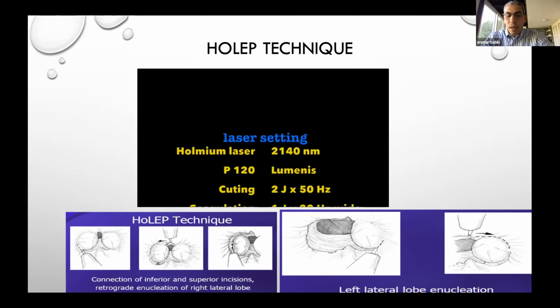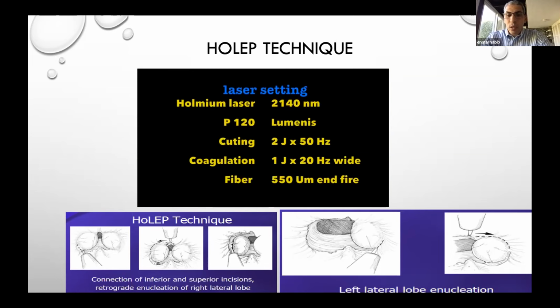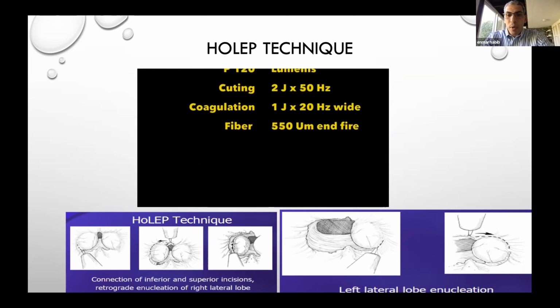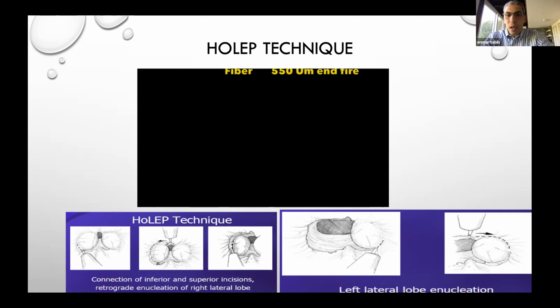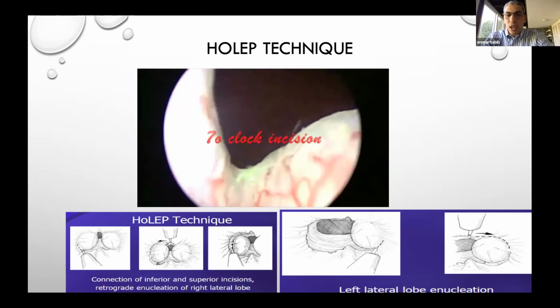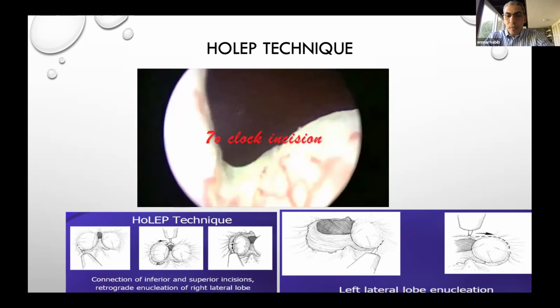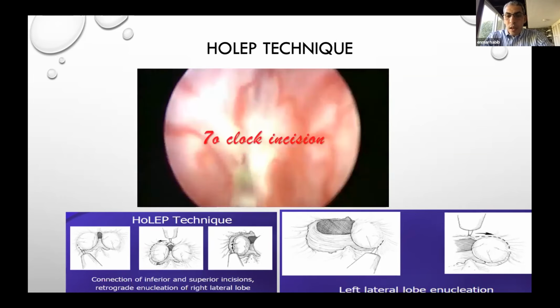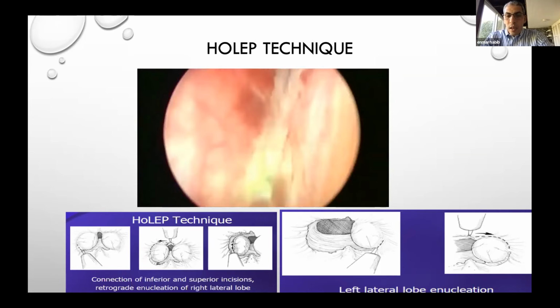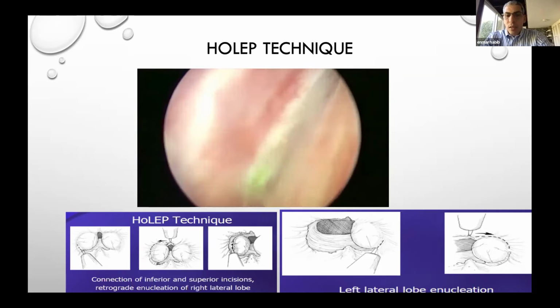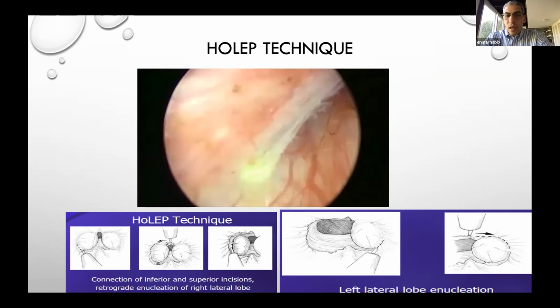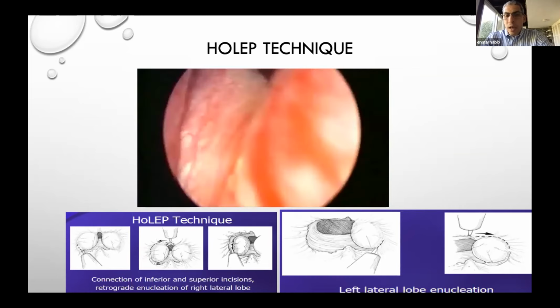I use a 550 micron fiber. The initial incision is done at 7 o'clock, and we use a contact technique. The tip of the fiber is touching the tissue, because as we said before, if you keep the fiber away from the adenoma or the targeted tissue, all the energy will be absorbed by water.